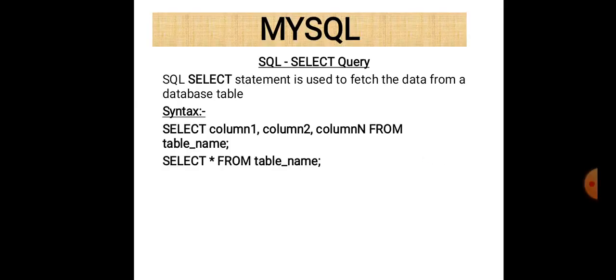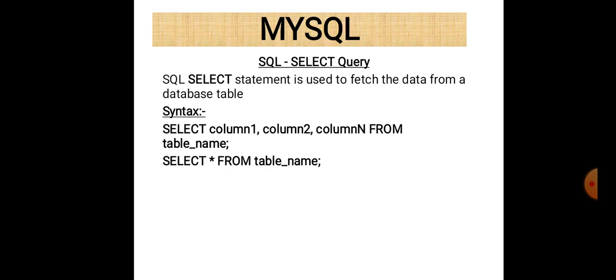As you know, select is basically a DML statement, and when we talk about DML statements, it clearly indicates that the commands used to manipulate data are called DML statements, and select is one of those.